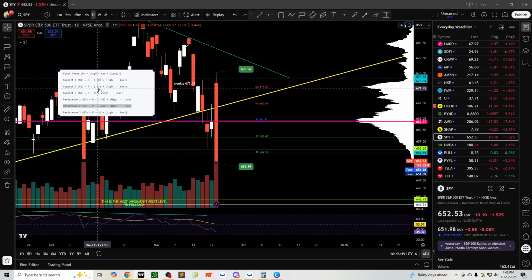So your support 2 is 654.21. And then you subtract the pivot, which, yesterday's pivot was 662.91. And then you add a bracket, .618 times high.